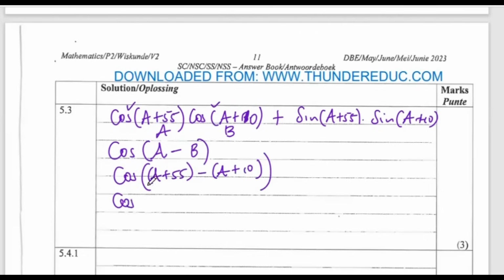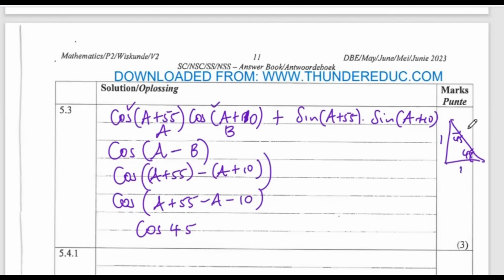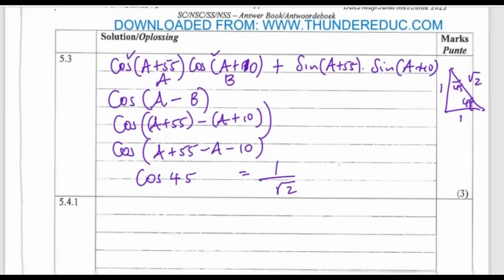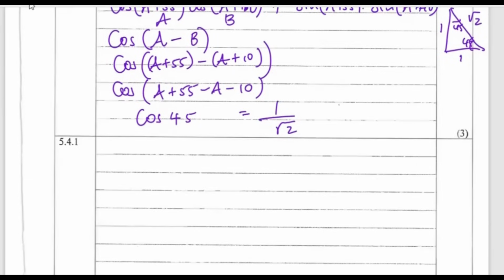Okay, so that's a cos of A plus 55 minus A minus 10. So that reduces to a cos of 45. And then from our special triangles, that is a 45, that's a 45. So 1 and the 1 and the root 2. So cos of 45 is just the same as 1 over root 2.